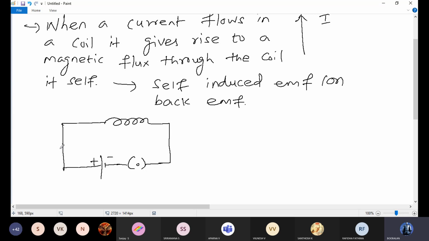The current flows from positive to negative, which is the conventional current direction. But the induced current is in the opposite direction. So this is the induced current direction, opposite to the conventional current direction.